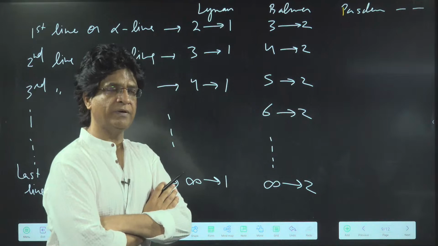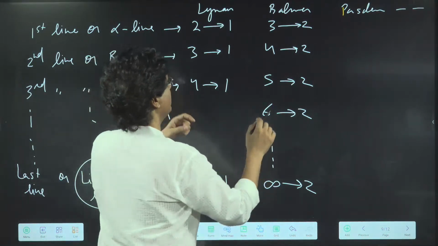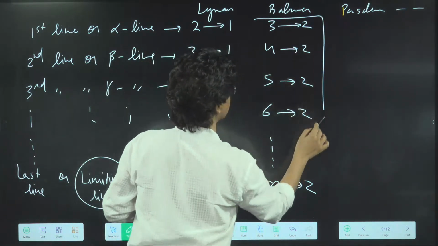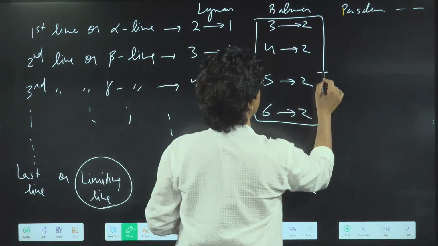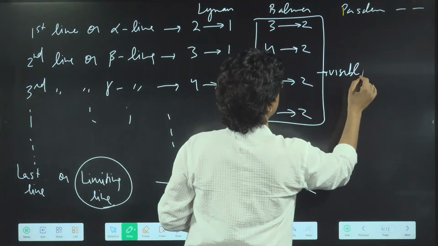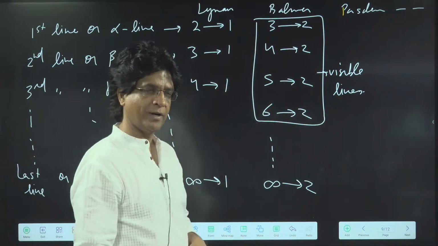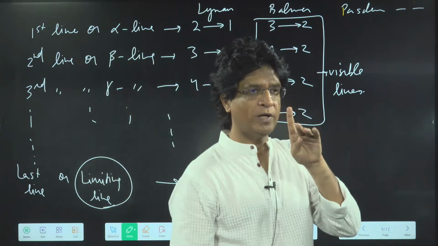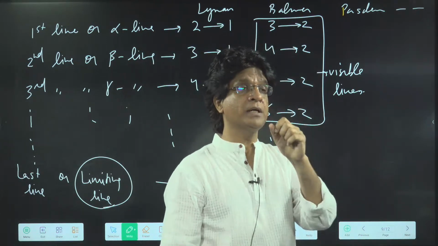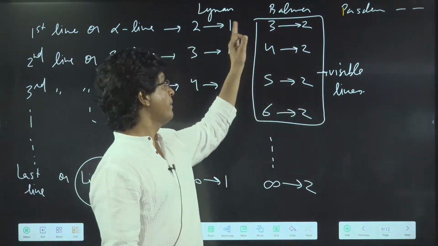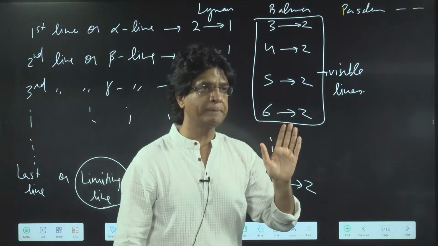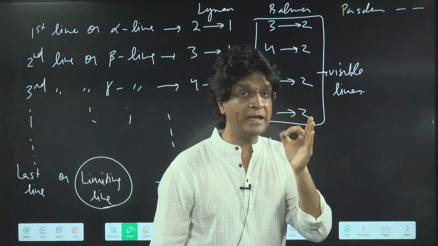Now a very important thing, children: the first four lines in the Balmer series are the visible lines in the hydrogen spectrum. Are you getting that? Only in the hydrogen atom.